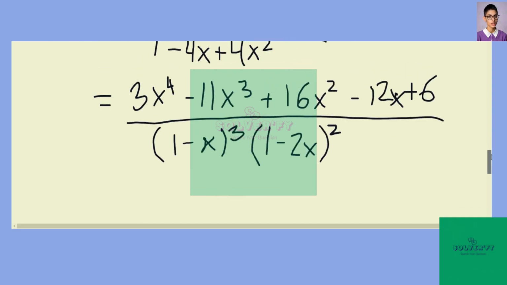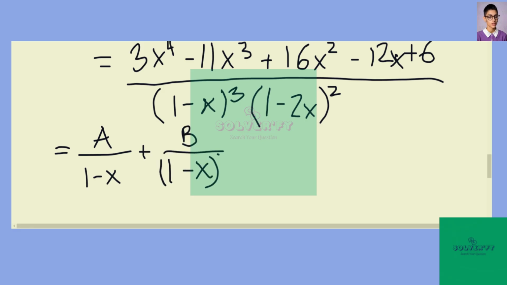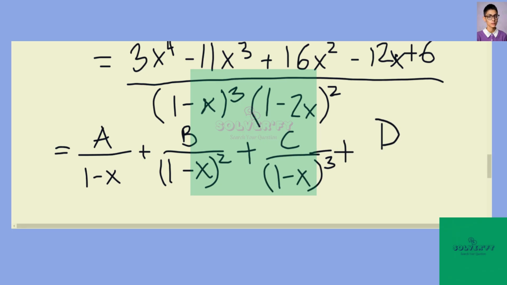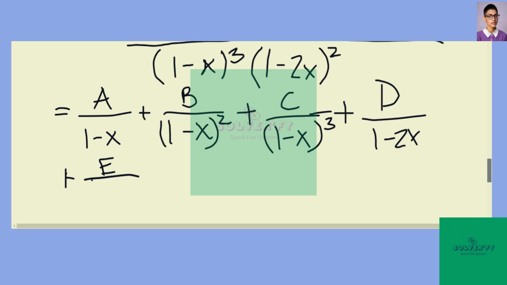So say this is equal to a over 1 minus x plus b over 1 minus x squared plus c over 1 minus x cubed plus d over 1 minus 2x plus e over 1 minus 2x squared.